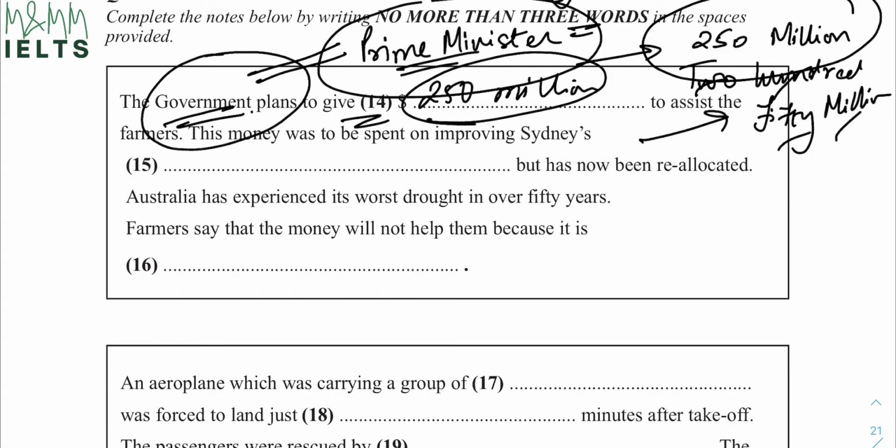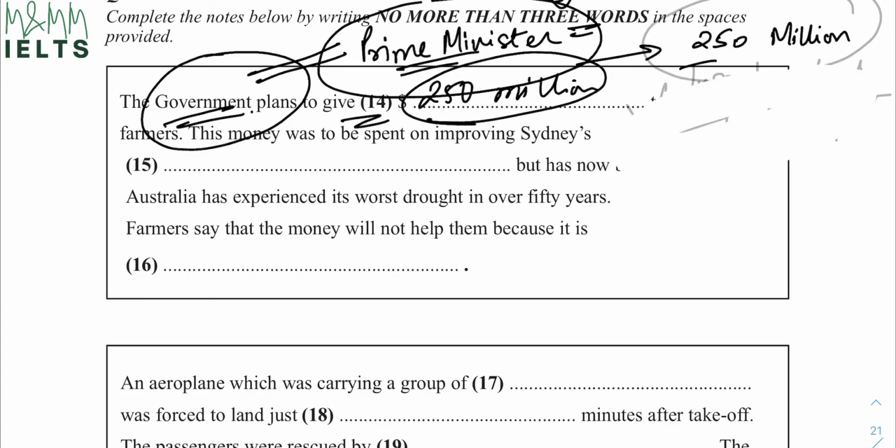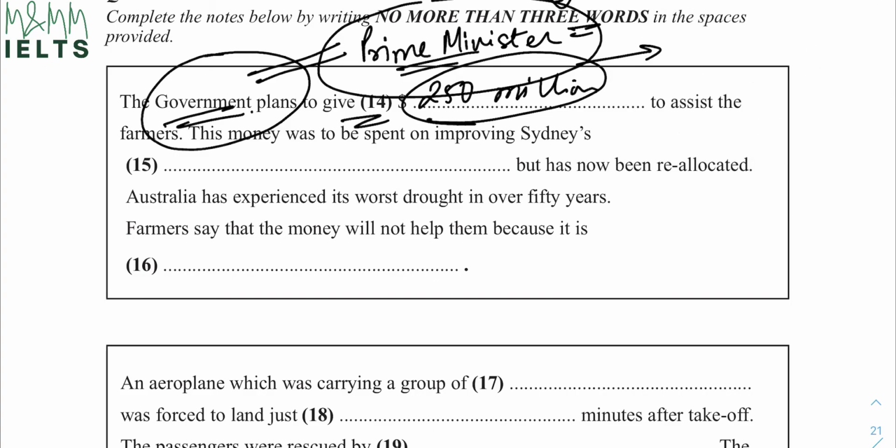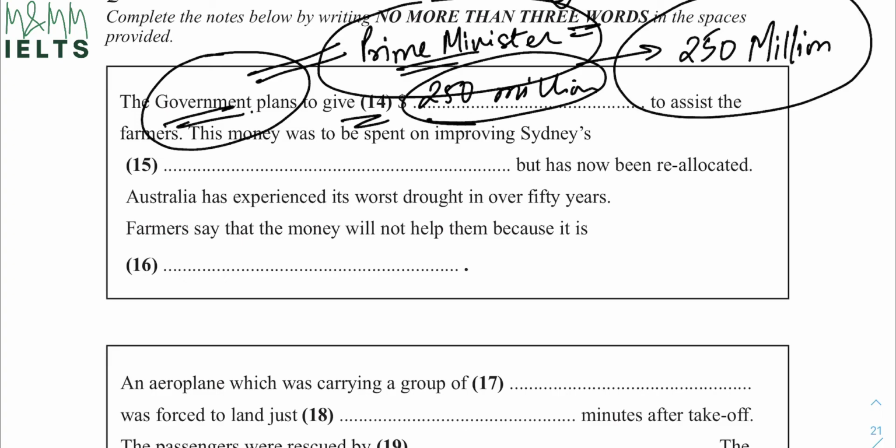So if you write like this and you go outside 3 words, even if your answer is right, you will not get marks for it. What you have to keep in mind is not only to write down the correct answer, but also to make sure that you are fulfilling the criteria. Always read this, understand what the requirement is, and then answer accordingly. All right, let's move on.